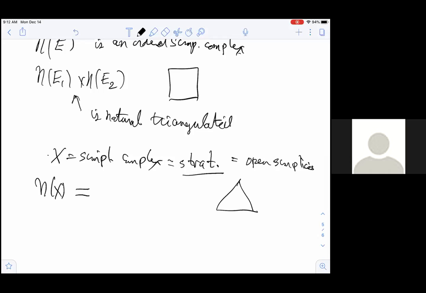So for example, if I have the barycentric subdivision of the triangle, I would have 1, 2, 3, 4, 5, 6 codimension 0 strata, forget the boundary, 6 codimension 1 strata and 1 codimension 2 stratum. Those are the open simplices I see. And then these simplices are ordered because you associate to each simplex its codimension. So these are 0, these are 1, and this is 2. And then the nerve is simply the first barycentric subdivision.